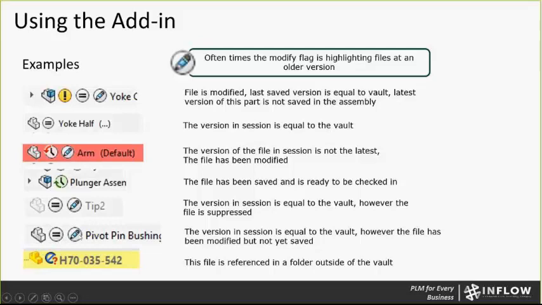How can the file be edited if it's equal to the vault? Really, what that means is that the file in the session is equal to the vault, but there's been a change to the file that has not been saved in SOLIDWORKS yet. Then the green clock face. These combinations can help with understanding when we're working on SOLIDWORKS files, because we might get one icon or we might get 3 or 4.